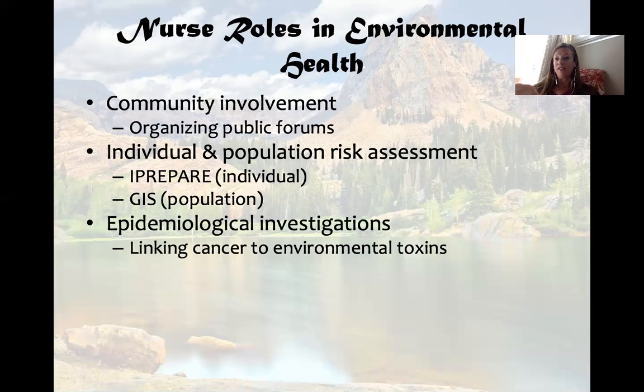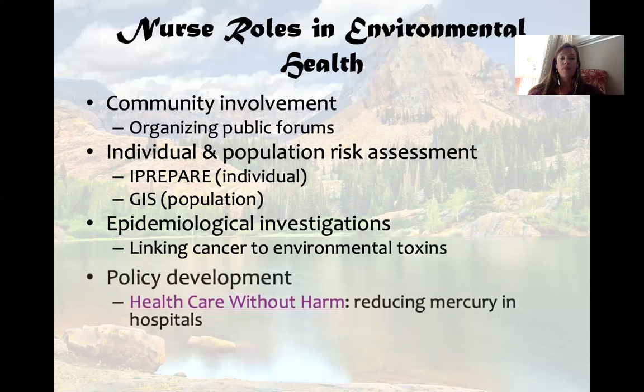And then they're able to find that those hotspots are actually people who live downwind from farms that are heavily sprayed with pesticides. And so they're able to make some connections there. So that's just one example of epidemiologists that are doing good work in environmental health.